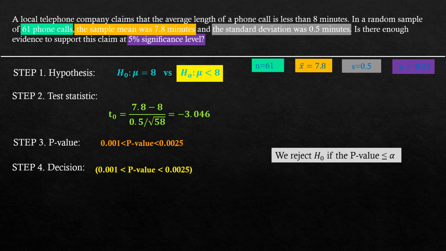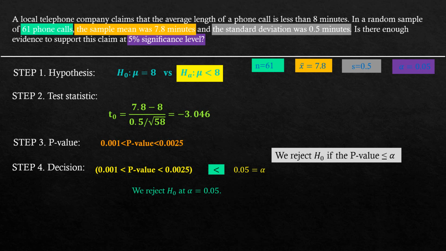We know alpha equals 0.05 and we know the p-value should be less than 0.0025, but alpha 0.05 is greater than 0.0025. That means the p-value is definitely less than 0.05. Therefore, we can say we reject H naught at alpha equals 0.05.